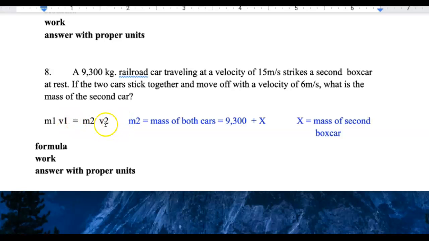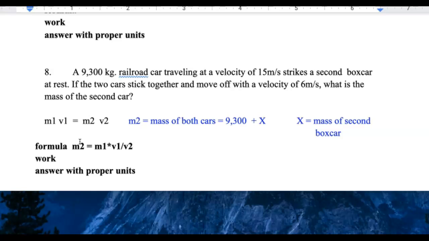If I'm solving for M2 here, if I divide both sides by V2, my formula will be M2 equals M1 times V1 divided by V2, okay?